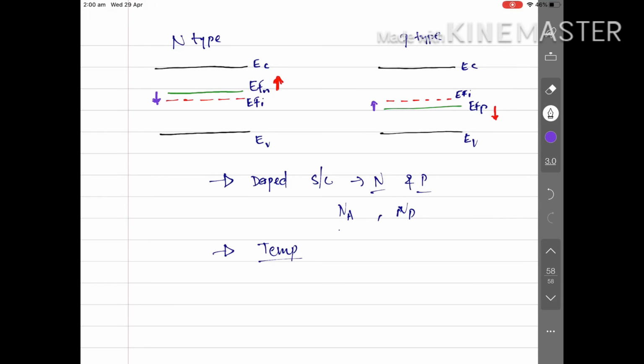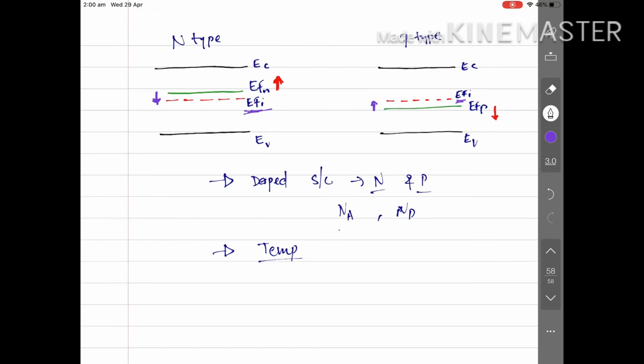Similarly, when we increase the temperature, the Fermi levels move towards the intrinsic Fermi level, so this gap is reducing because they both are coming towards the intrinsic Fermi level.